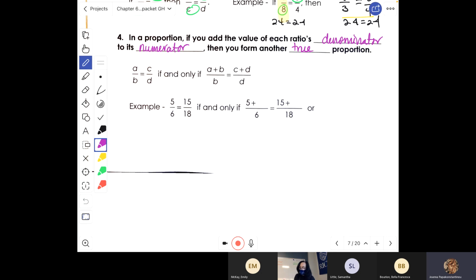So let's say you begin with this original proportion. And notice what we're doing. We are adding the denominator to the numerator. I still retain the fact that the two sides are equal.